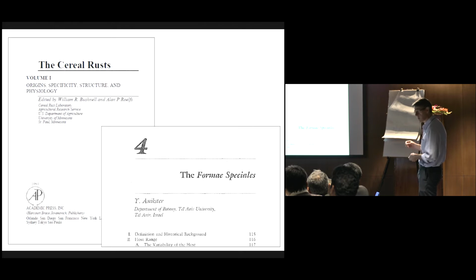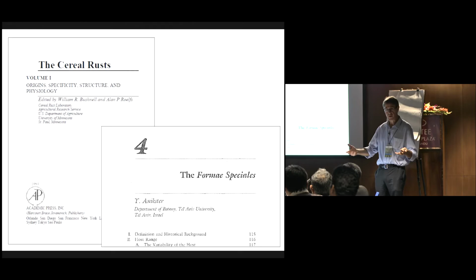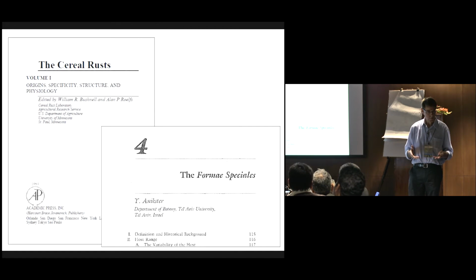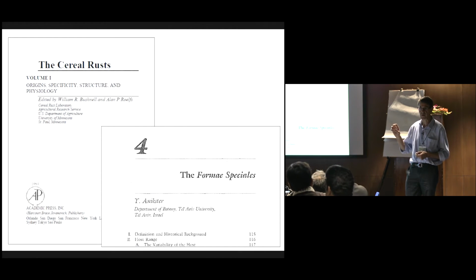Dr. Anikster is probably the world authority on sexual recombination in rusts, and he's done a lot of work on formae speciales. And this will be in their package? The two volumes? Good, because it was downloadable from the BGRI website and I was looking for that link and I couldn't find it. So you will be getting these two PDFs of these two books in the handouts, okay? And Chapter 4 in the first volume talks about the formae speciales.